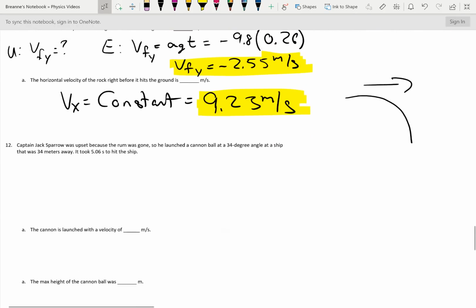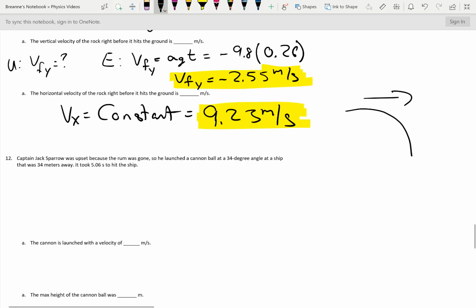Okay, here we go. Captain Jack Sparrow was upset because the rum was gone, so he launched a cannonball at a 34-degree angle at a ship that was 34 meters away. It took 5.06 seconds to hit the ship.